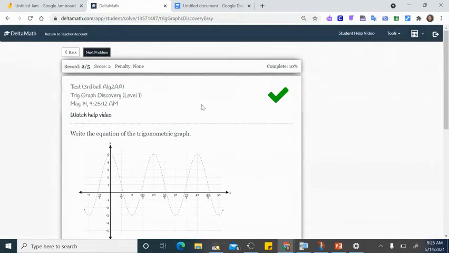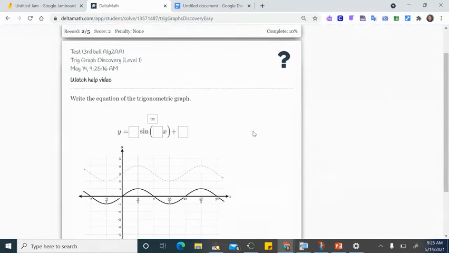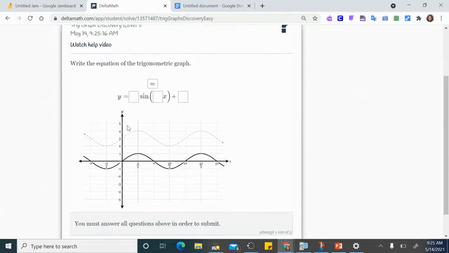Okay. Next problem. This one, it looks like it's about the same shape, so I don't need to stretch it, but I need to move it up. How do we move it up? Well, it goes from 0 to 1, 2, 3. It goes up 3. So if you put 3 here, let's see if it does what it wants. Nope, that did not move it up. It did not slide it up.